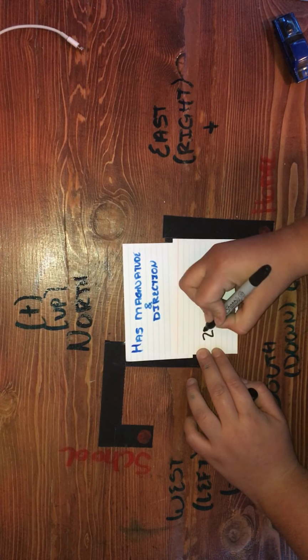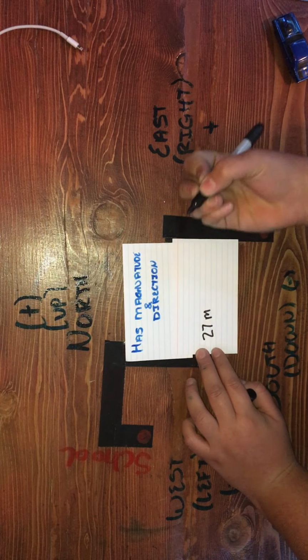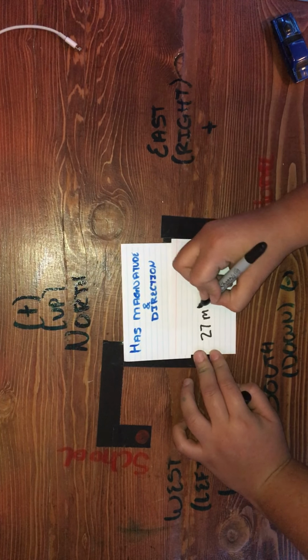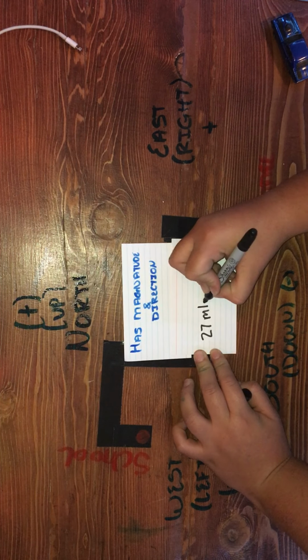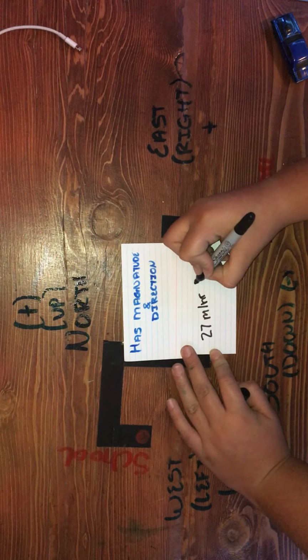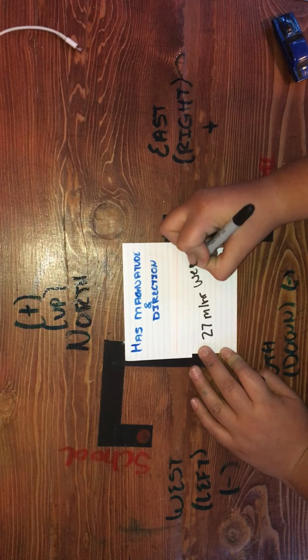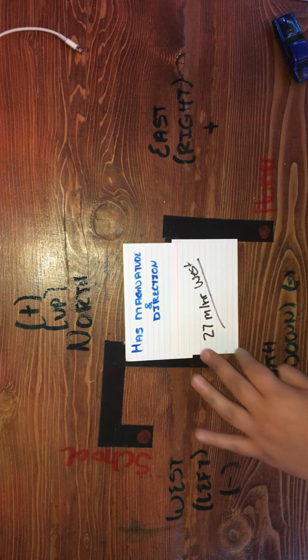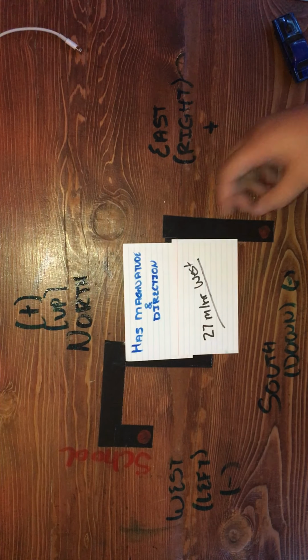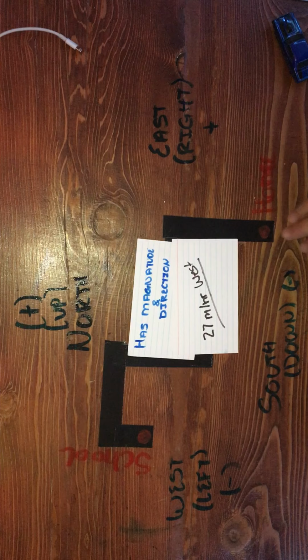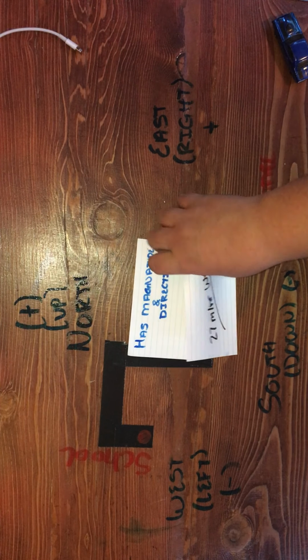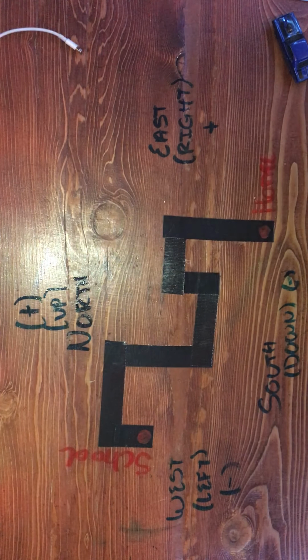So 27 miles per hour, and we're going west. That would be your answer if it was asking for the same scenario, getting from home to school.